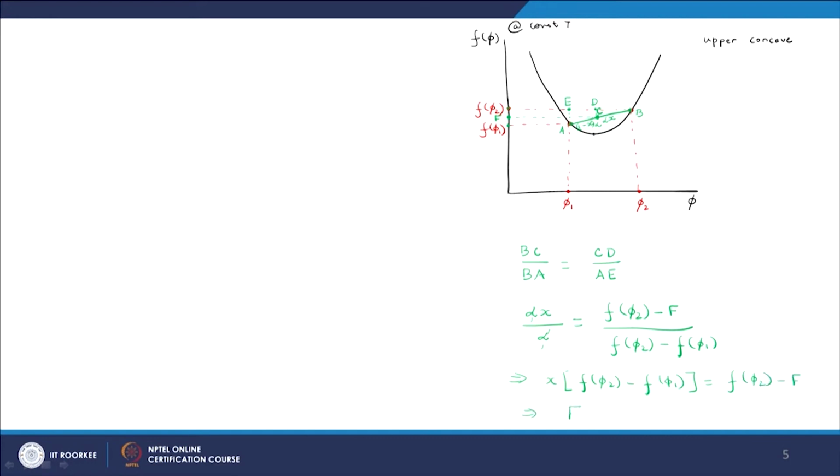This if I solve, I will get f is equal to x of f phi 1 plus 1 minus x of f phi 2. Okay. And now, we have already discussed that for phase separation to occur, f of phi should be less than x of f phi 1 plus 1 minus x of f phi 2.